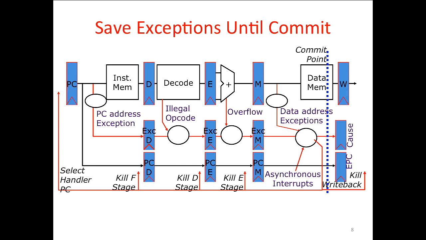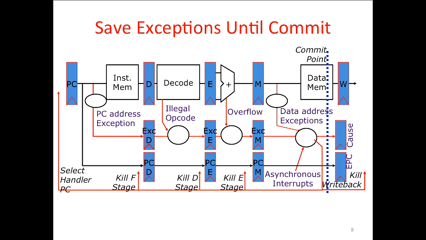Yeah, I forgot to go through this. So another detail is that when you get multiple exceptions, like one instruction here may get a bad PC address, fetches something from memory that's illegal, gets an illegal opcode. So one instruction going down the pipeline may get an exception at every stage. What you have to do is remember the first thing that went wrong with that instruction and report that, because that was the root cause, right?